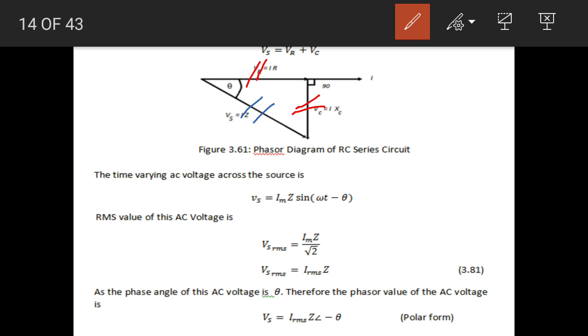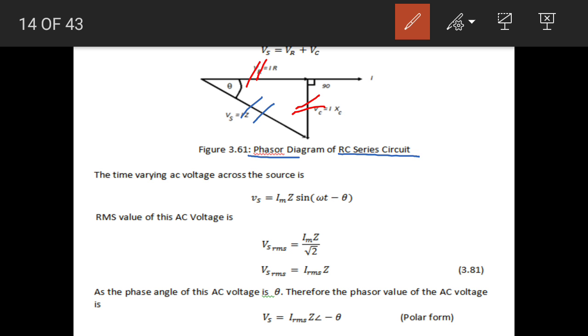So the phasor sum of the voltage across the resistor and the voltage across the capacitor results in the source voltage. We add the phasor for the voltage across the resistor and the phasor for the voltage across the capacitor according to head-to-tail rule, and the addition of these two phasors results in the phasor for the source voltage. So this is the phasor diagram of this RC series circuit.